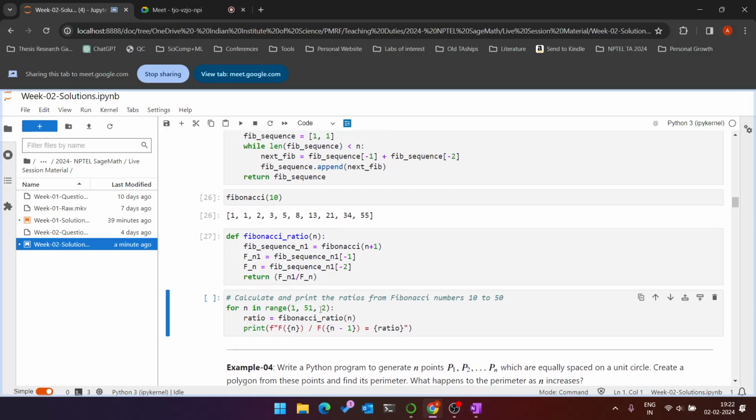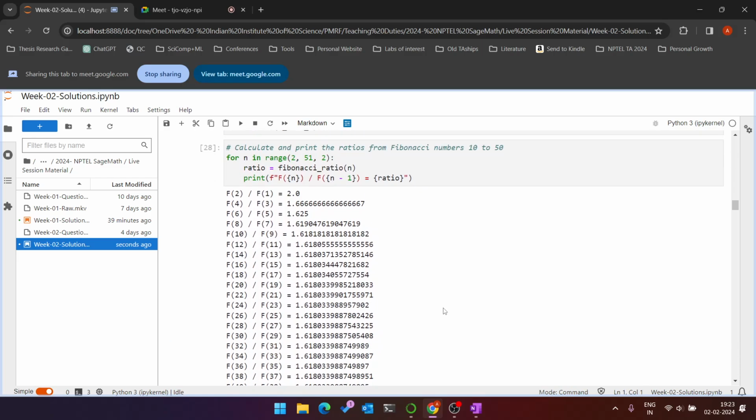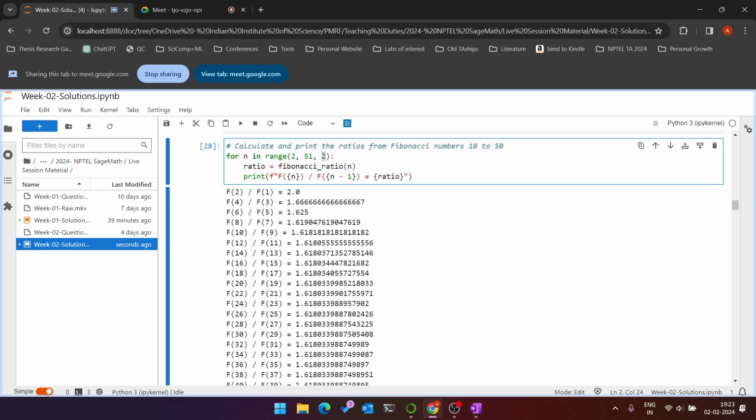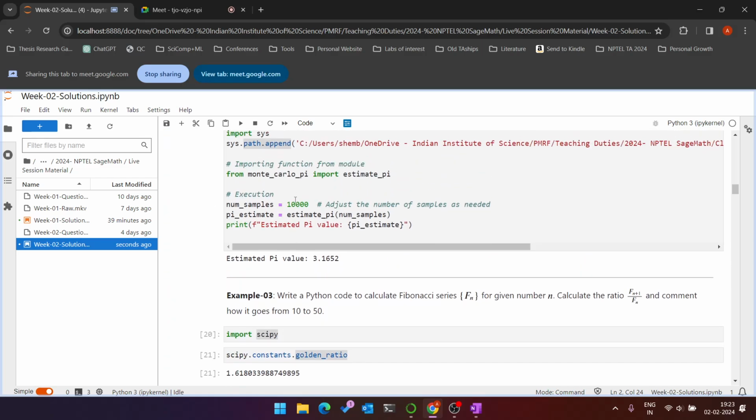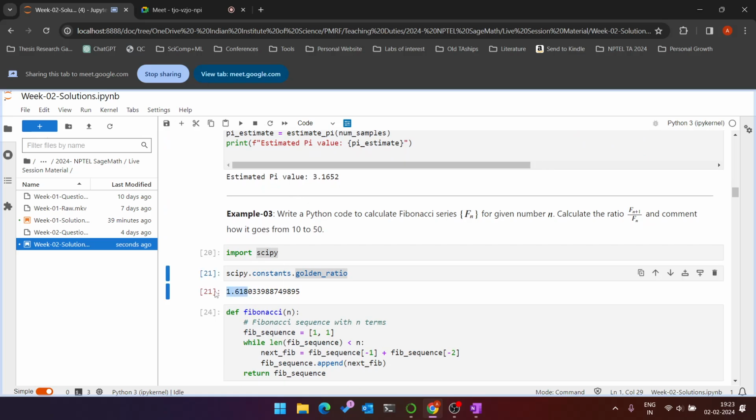Now I'm just printing the entire ratios of the Fibonacci series, and you can see that with steps of 2, so f2 by f1, f4 by f3, f6 by f5, and so on, by around f12, the first three digits are converged to what we expect of our golden ratio.